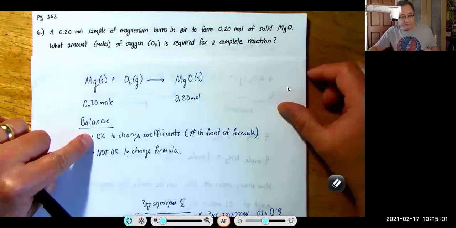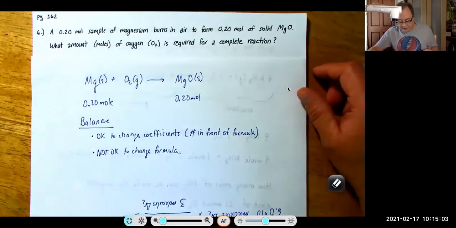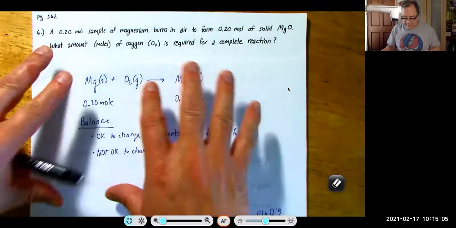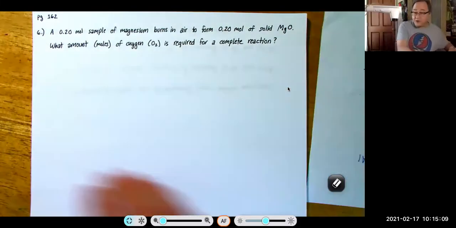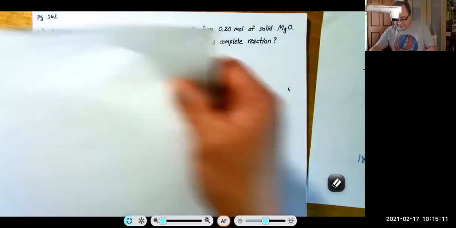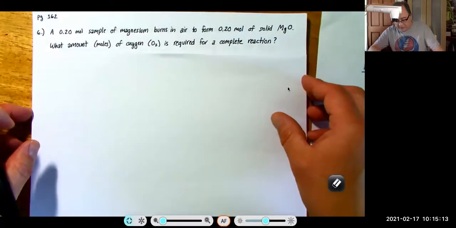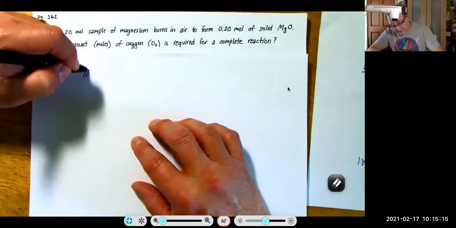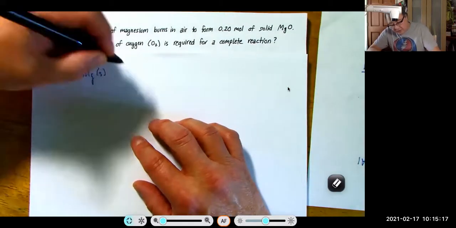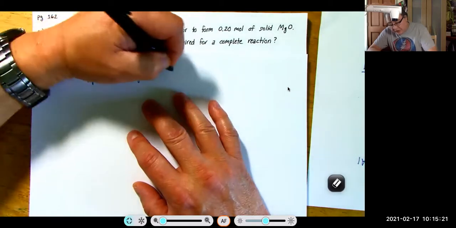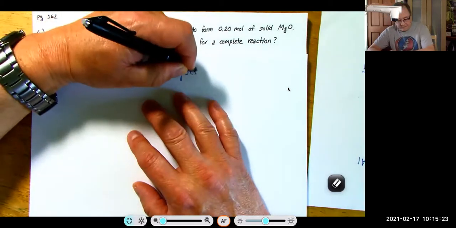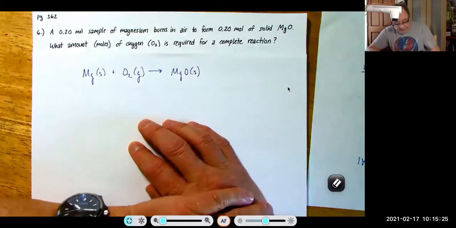So with this example here, I'm going to rewrite it, and I'm going to do a do and I'm going to do a don't. I'm going to start with the don't. So we have magnesium solid reacting with O2 gas, making MgO solid. So are you ready for the don't?